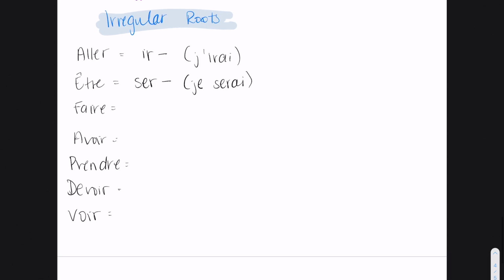Okay, faire is fer. So two R's for this one. So again, je ferai. So I will make a cake tomorrow. Okay, avoir is aur. So again, j'aurai un iPhone demain. I will have an iPhone tomorrow.